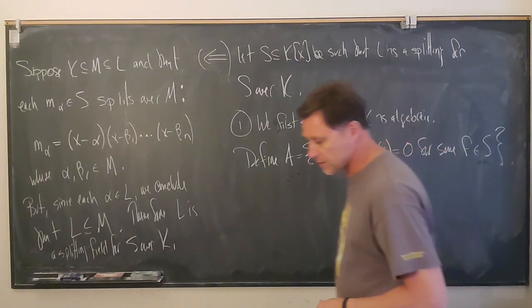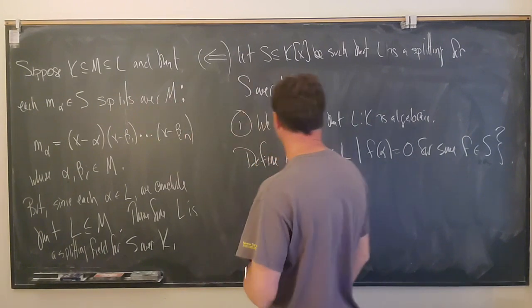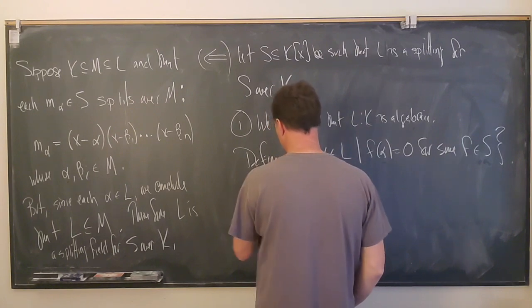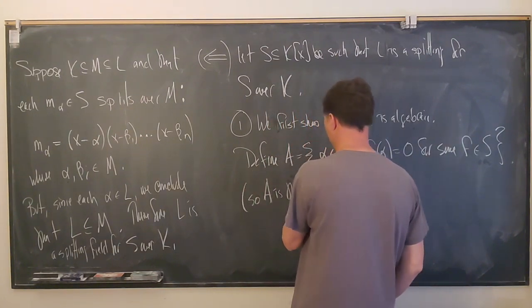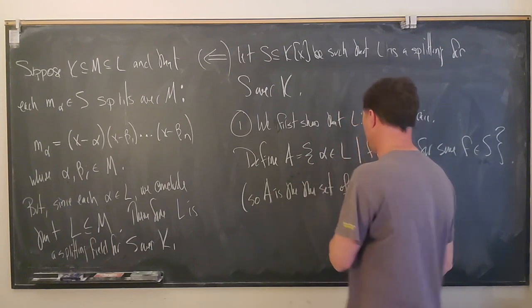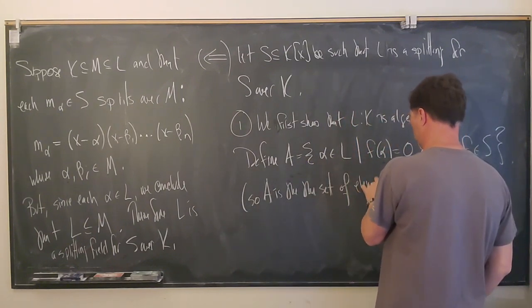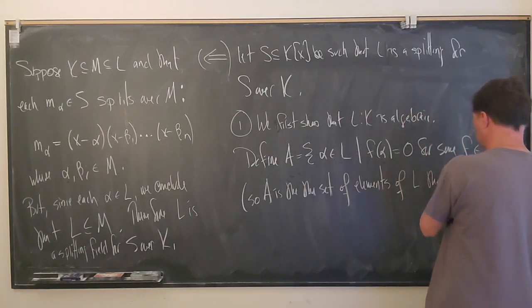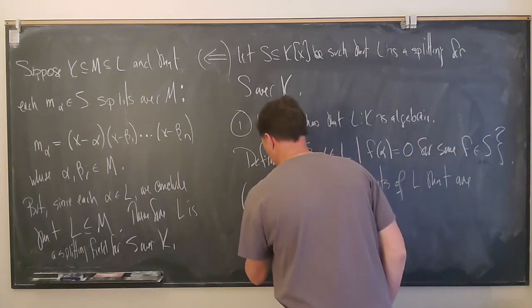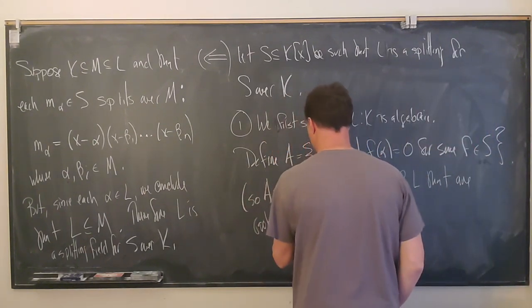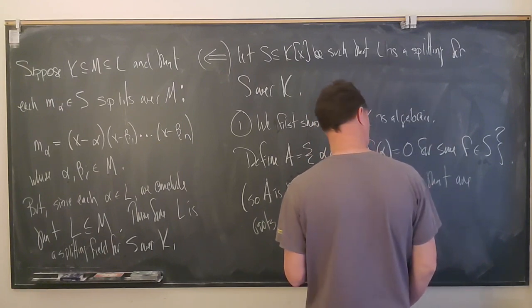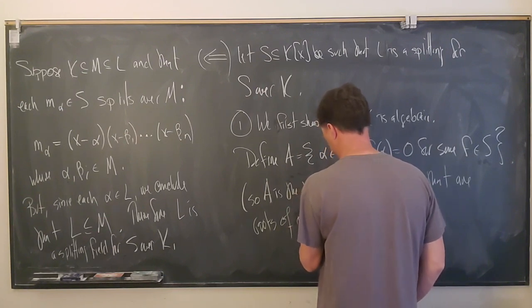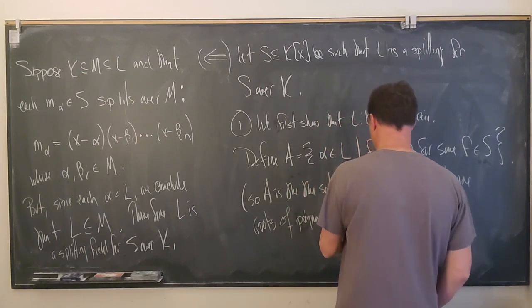Okay, so A is the set of all elements of L that are roots of polynomials in capital S.